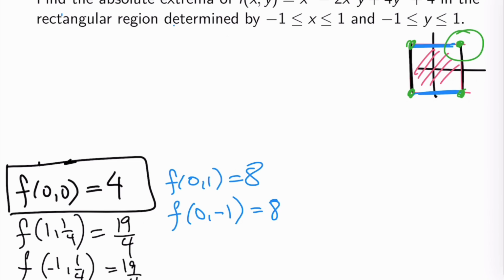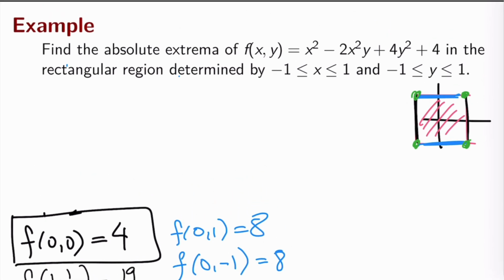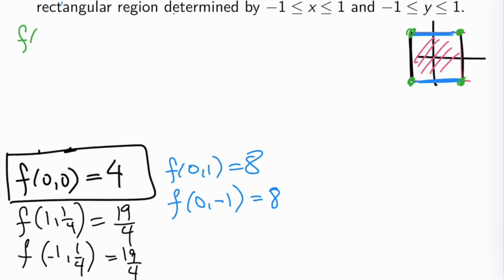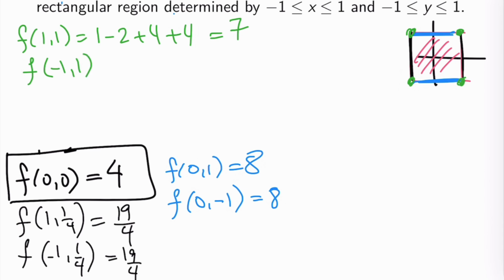The first one will be (1, 1). So f at (1, 1) is equal to, we substitute x equal 1, y equal 1, so we get 1 minus 2 plus 4 plus 4. We got 7. And then f at the next one, (minus 1, 1), we get 7 again.